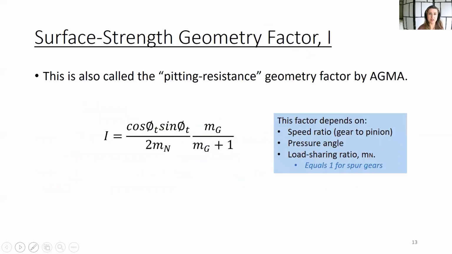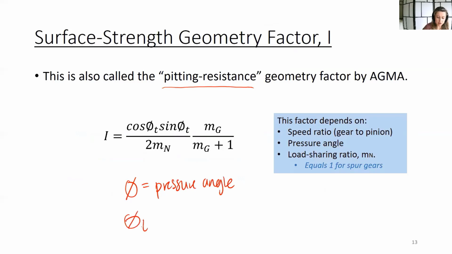Surface strength geometry factor. This is analogous to the bending strength geometry factor J in the bending stress equation, but now we're talking about contact stress. So this is also called the pitting resistance geometry factor. This is the pressure angle. The T, if we had helical gears, there are multiple angles to consider.